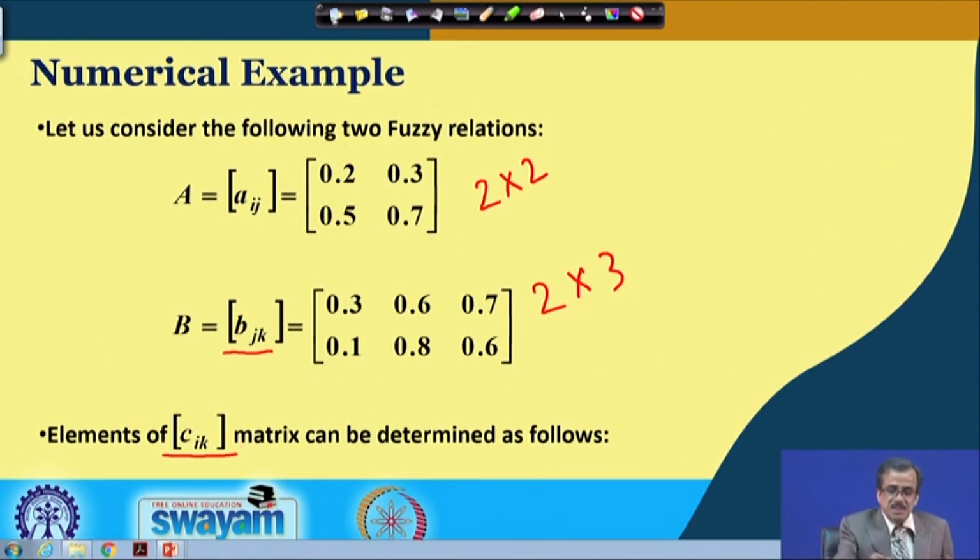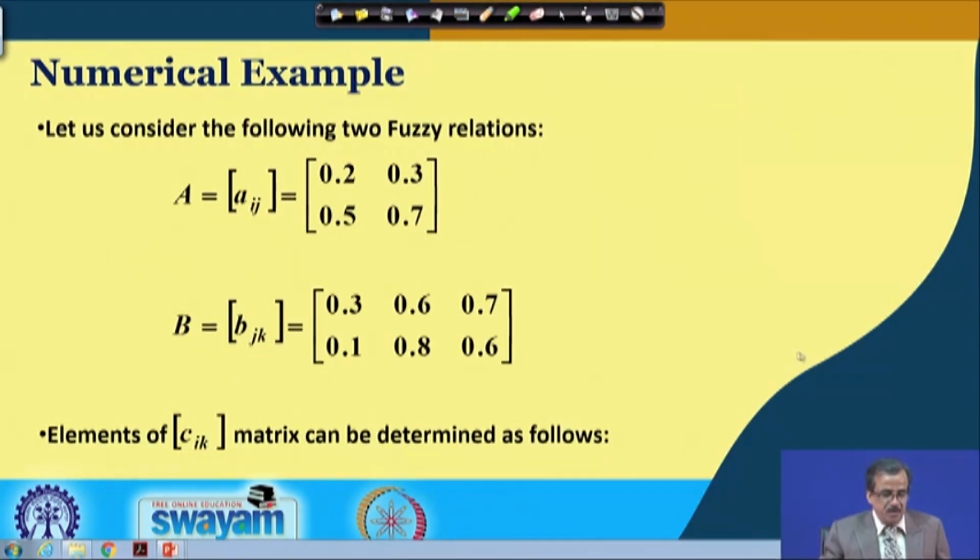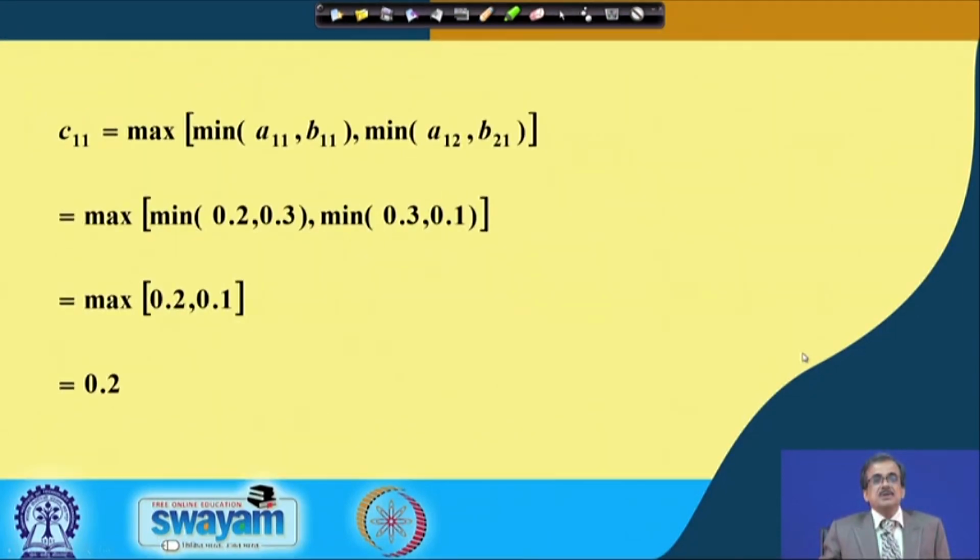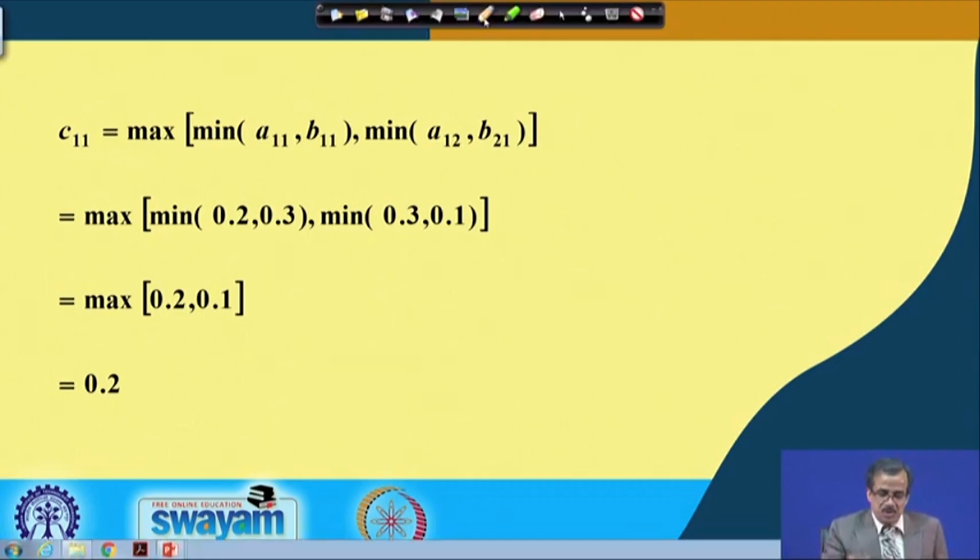Now let us see how to find the elements, element wise. The first thing is C11, that is the first row, first column element. If you remember, the relationship is C_ik is A_ij composition B_jk.